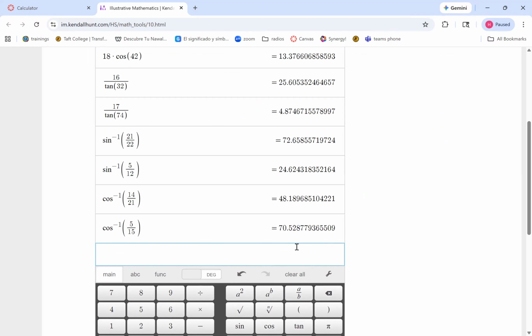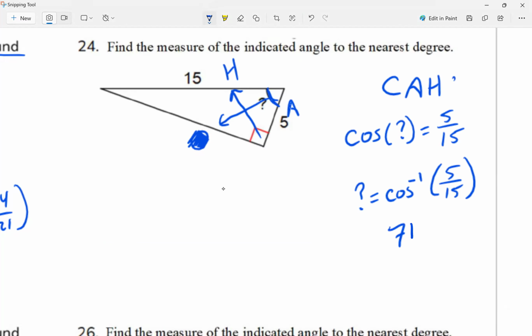So I see 70.5287. I'm going to round this to the nearest whole number. So 70.5 becomes 71. I round it to the nearest whole number because that's what it says: indicated angle to the nearest degree. So that means nearest whole number.